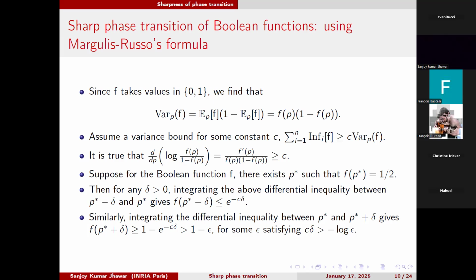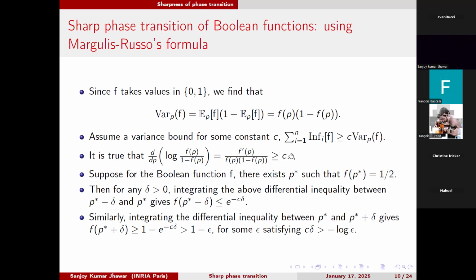That is nothing but, let's say, the variance of a Bernoulli random variable, right? That is the expected value of f times 1 minus the expected value of f. That is script f times 1 minus script f.